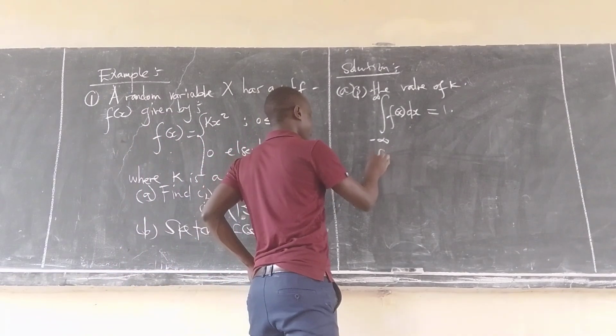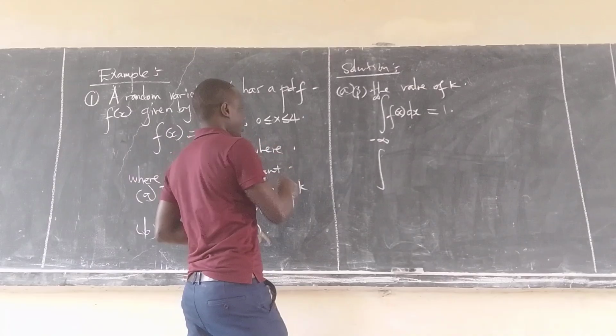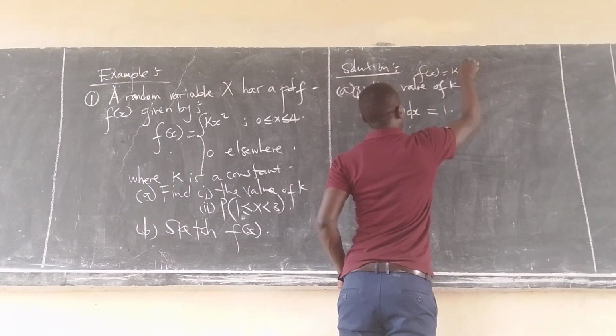Which implies if we integrate, our f of x is kx squared.